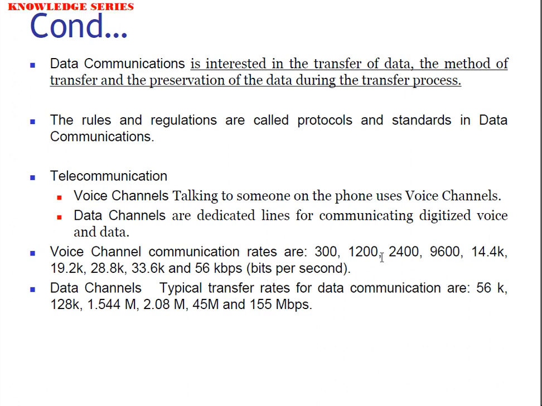The voice channel communication rate is 300, 1200 like this, in bits per second. Here it is 56 kbps, like that you have a voice channel, and the voice communication rate is being shown. The data channel typically transfers the information, and the rate for data communication is 56 kbps up to 155 mbps.